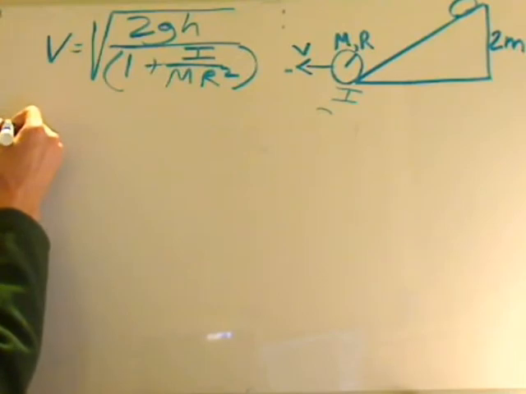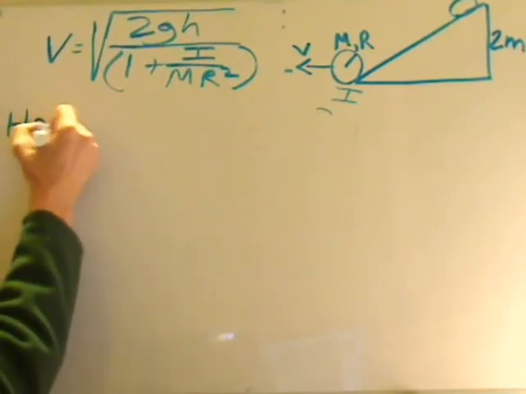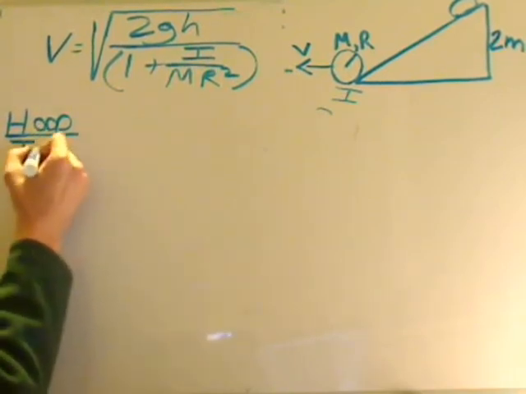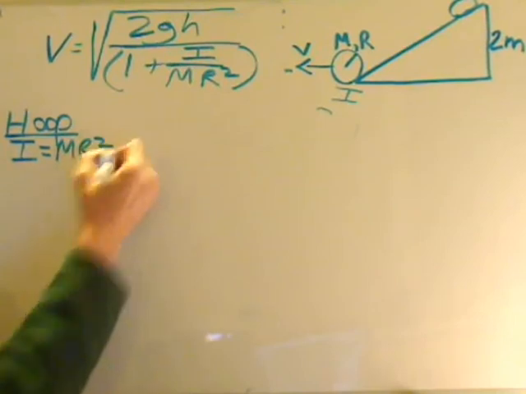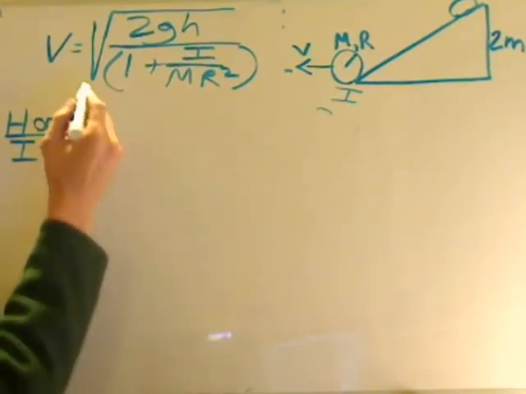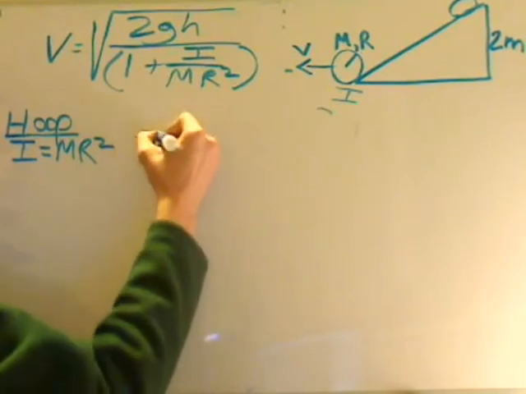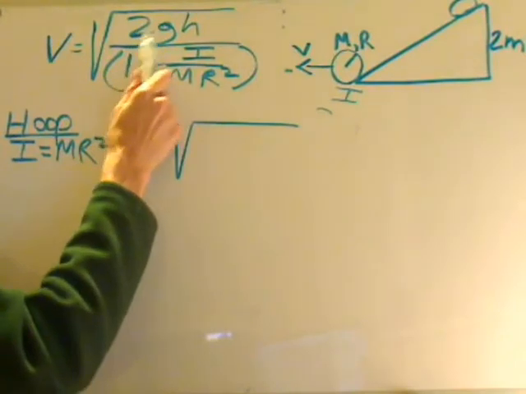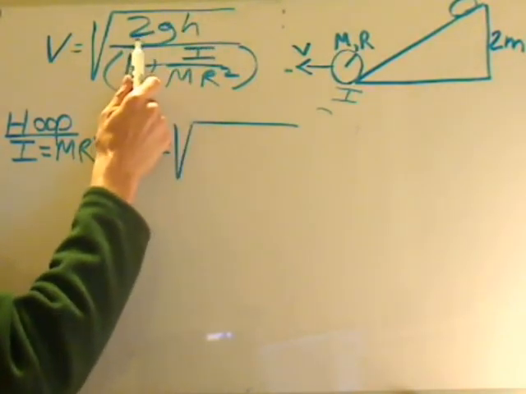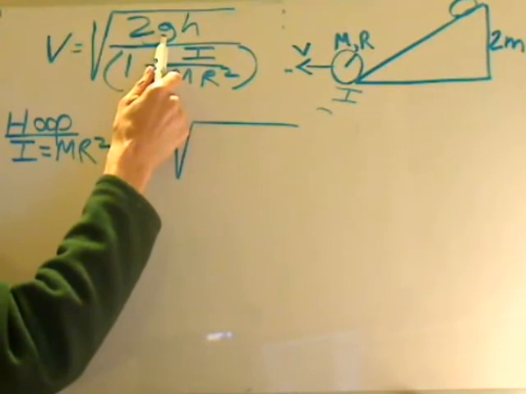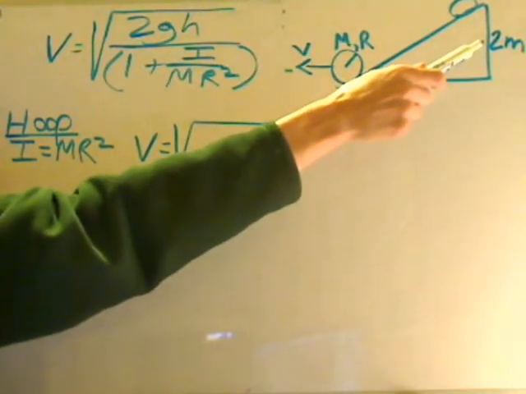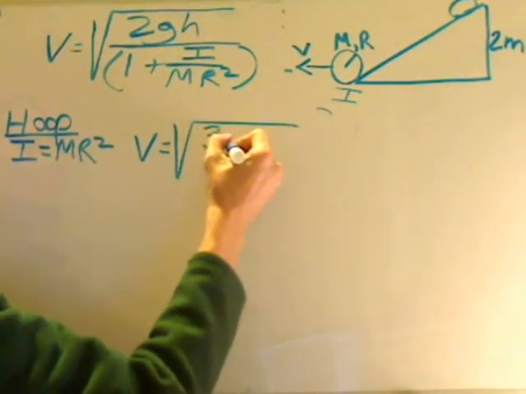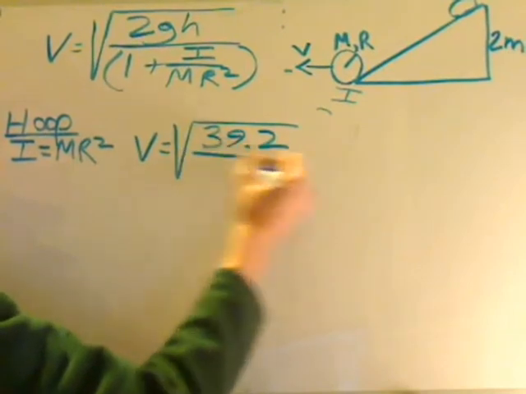So let's consider our first object, our hoop. The moment of inertia of a hoop is mr squared, so we plug that into this expression. The velocity is the square root of 2gh. Multiplying 2 times 9.8 times our height of 2 gives you the number 39.2 in the numerator.